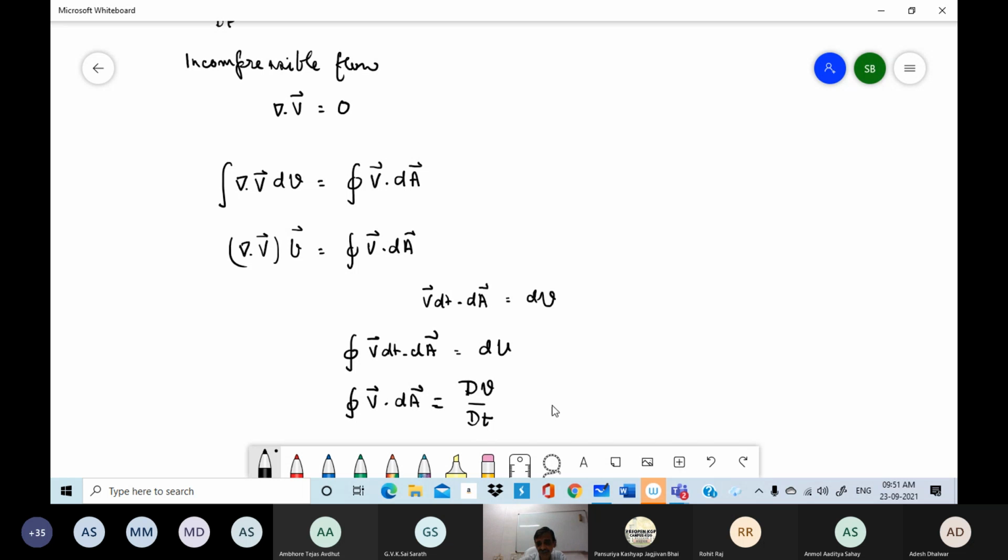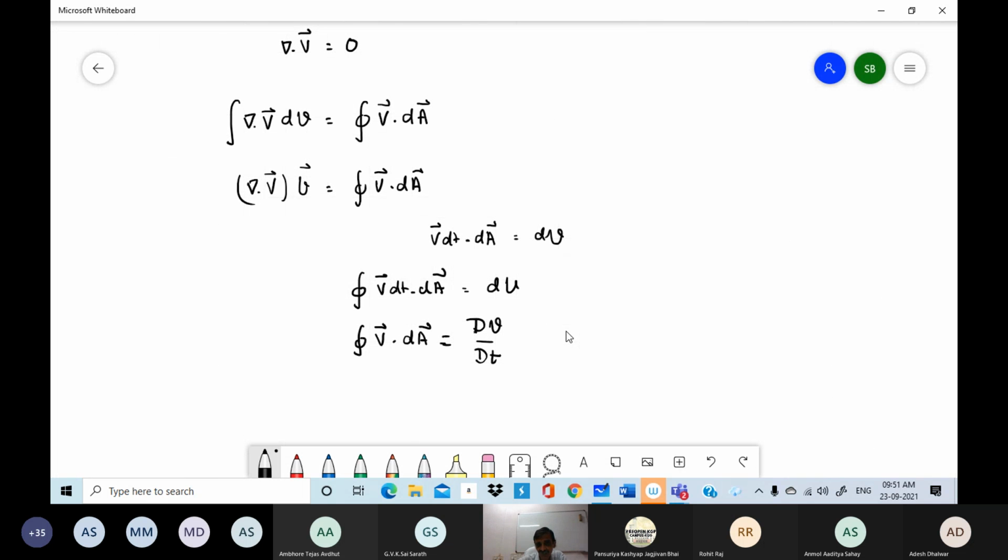So as I follow the, so if my dV is a material element, in that case V dot dA is dV by dt.